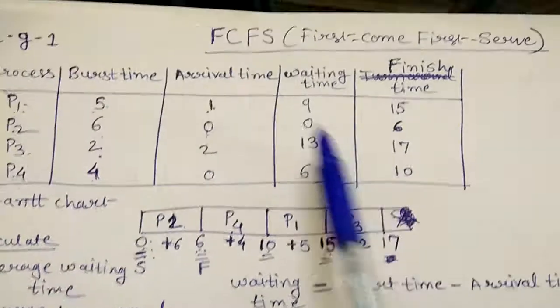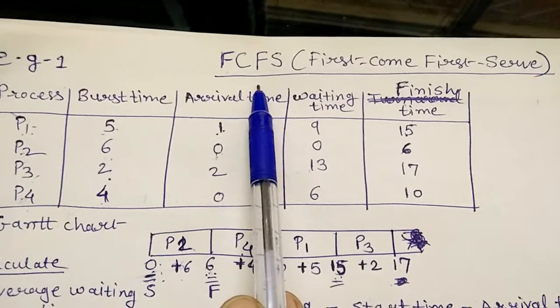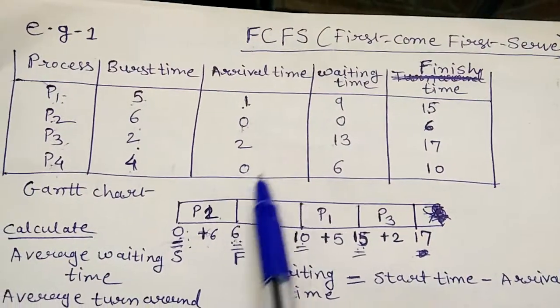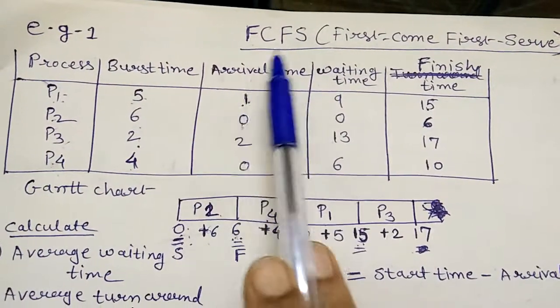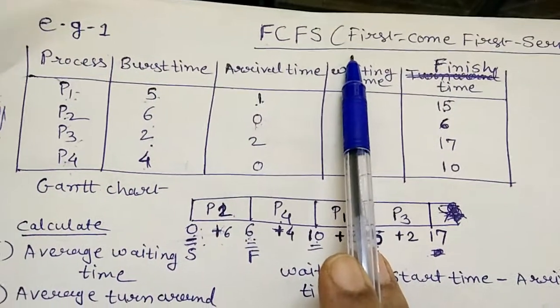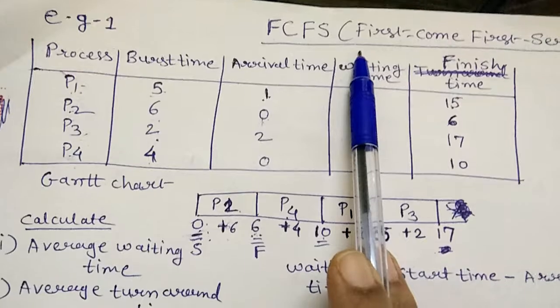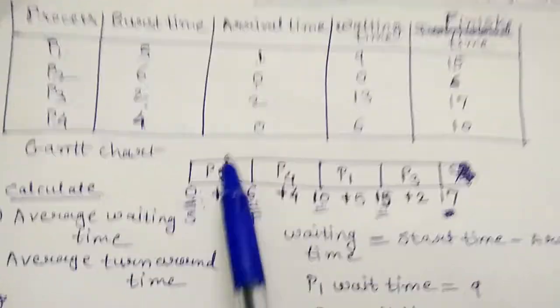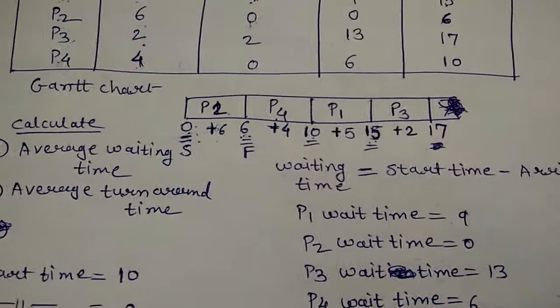Now, this algorithm requires the basis of arrival time. It means which process arrives first in the queue. So on the basis of this, I have drawn the Gantt chart.